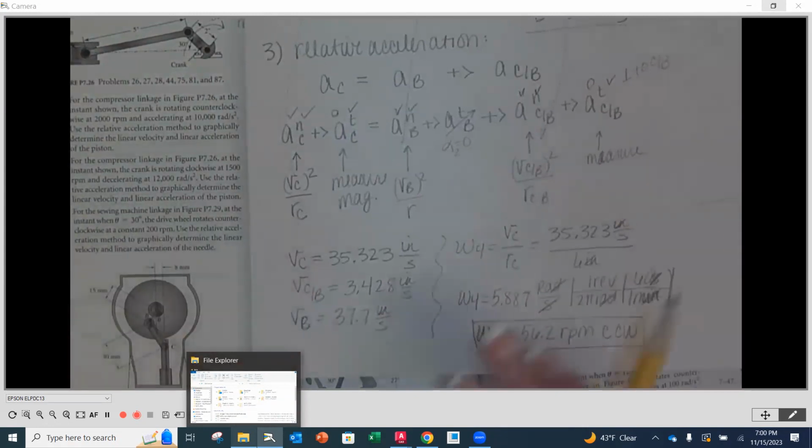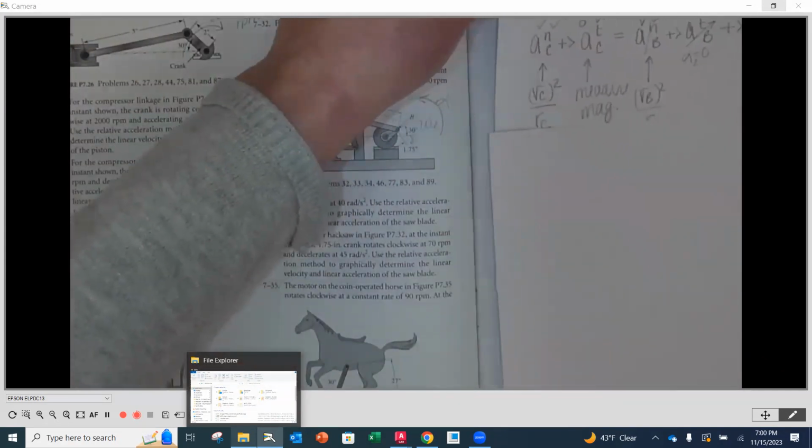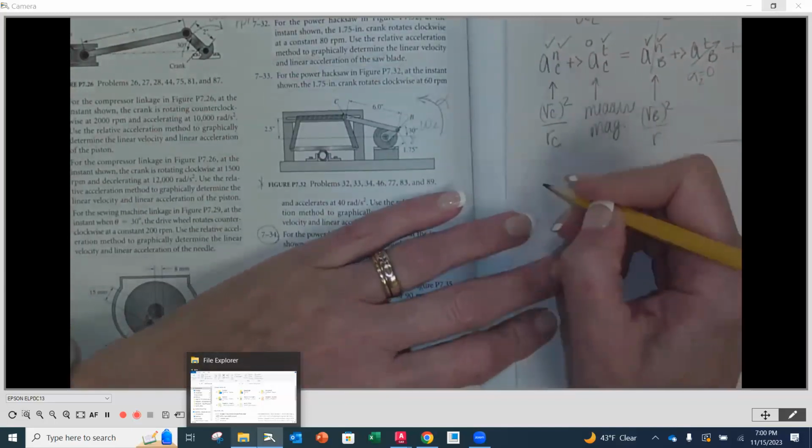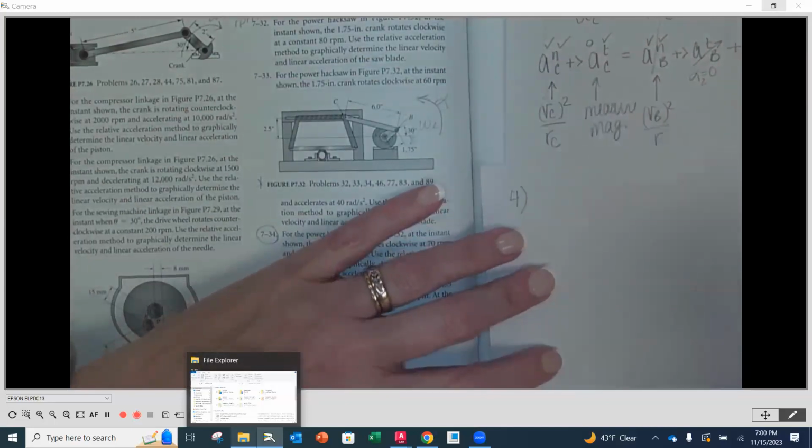So I am going to grab an extra new piece of paper here, and we will calculate each one of these. I'll call this step number 4.